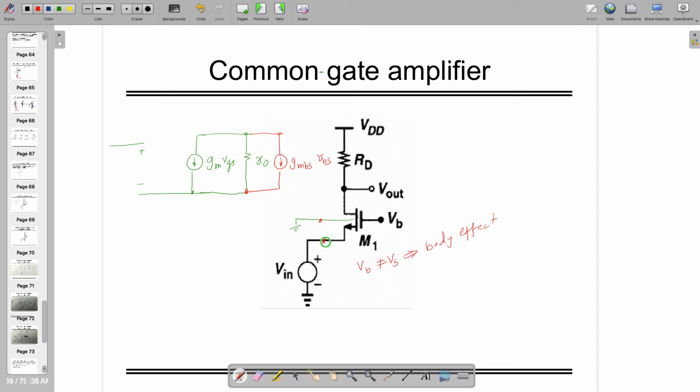Now this is the gate, this is the drain, and this one is the source. The source is connected with potential called Vin, right? So where should I connect the gate, Vishal?